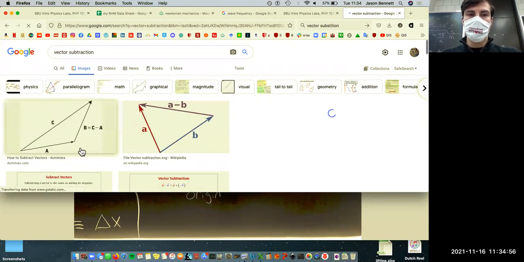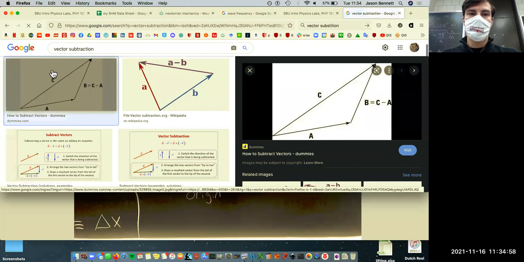So if I have a vector A and a vector C, if I want to look at the vector C minus A, it points from A to C. So that's what that means.